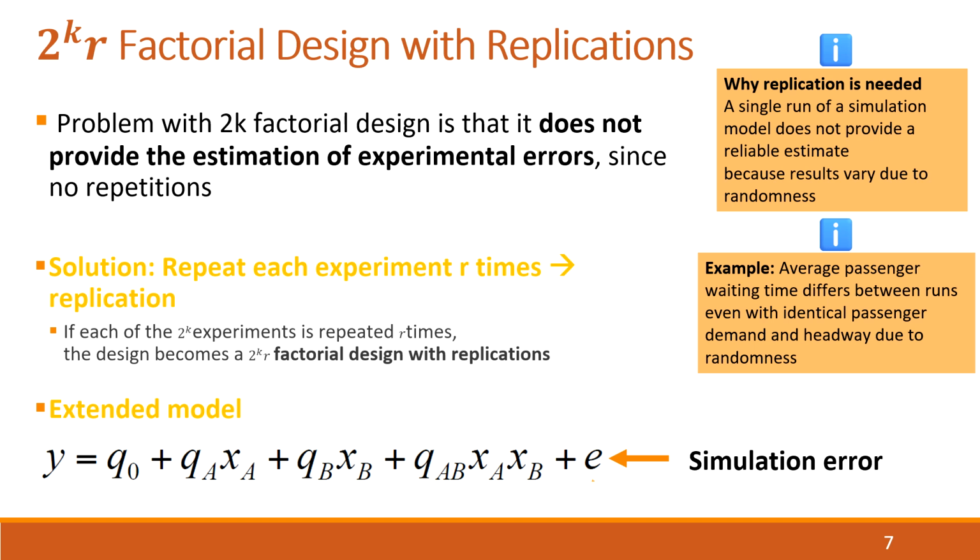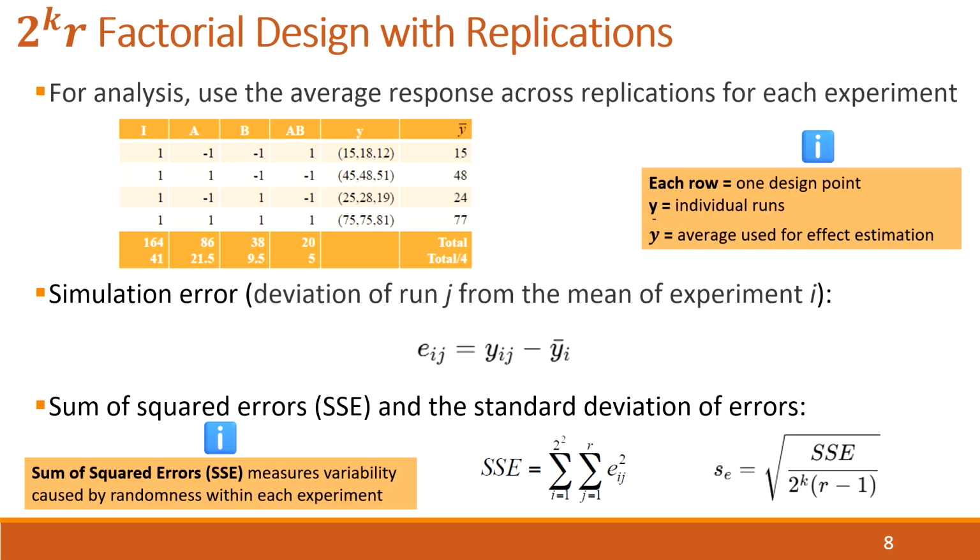The extended model therefore includes an error term representing simulation noise. When replications are used, analysis is based on the average response for each design point rather than individual runs. Each row represents one factor combination, while the listed values show results from repeated simulations.